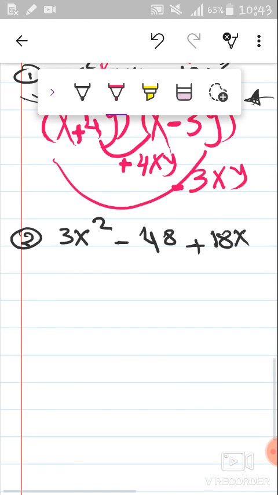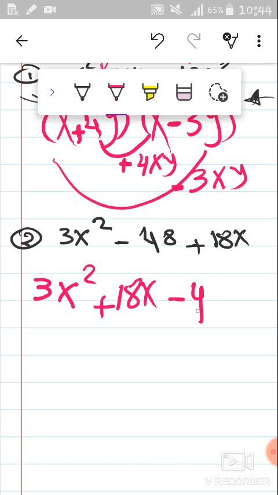Okay, the last one is something different. 3x squared minus 48 plus 18x. This trinomial is not arranged correctly. We have to arrange it first of all. By arranging the unknown x in descending form of the power, we have 3x squared plus 18x minus 48.